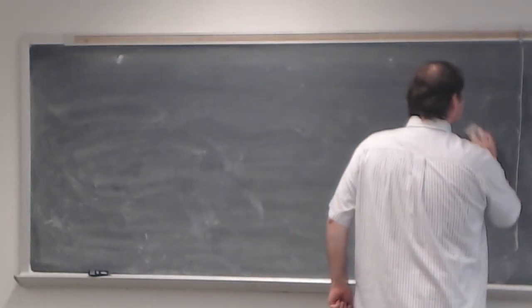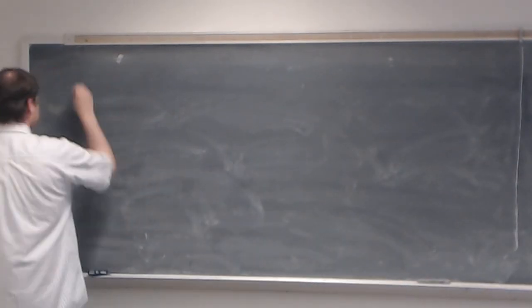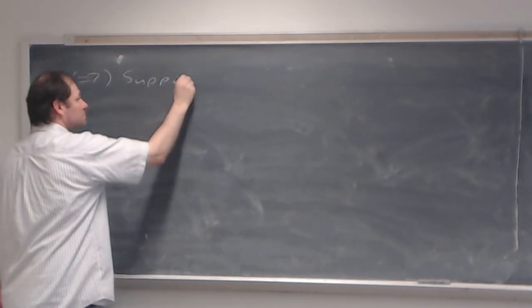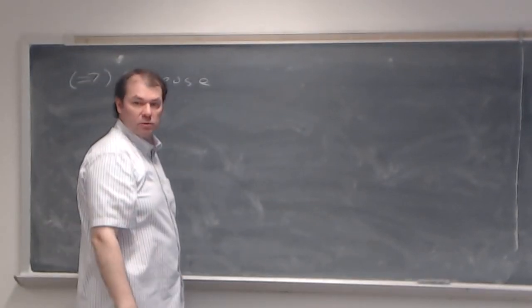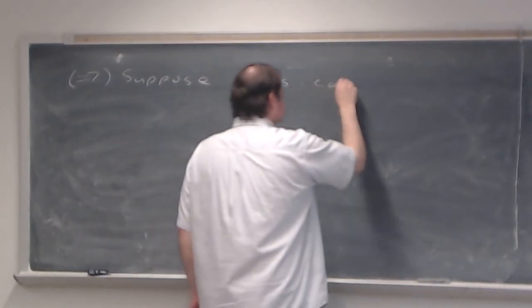So the first direction is we're going to suppose f is continuous at c.